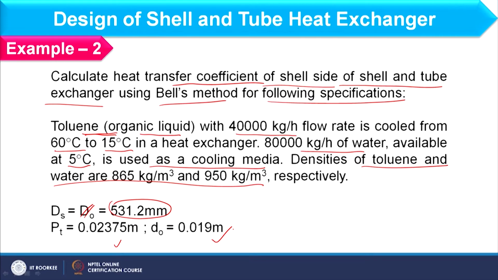So, you see here we are given some specification about the problem, and this is the same problem which we have discussed in 4th week, in the first lecture of that week, where we illustrated the design of shell and tube heat exchanger using Kern's method. So, the same example I am considering over here, but here we should apply Bell's method.